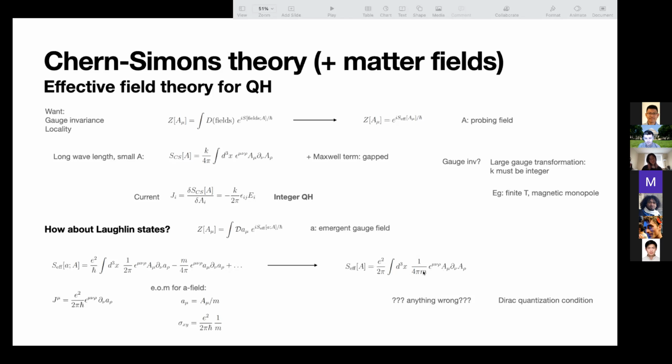That's why we get this 1 over m coefficient. So if we don't impose any Dirac quantization condition, the coefficient is actually meaningless. We have to specify what we call charge 1 to make those coefficients meaningful. That's a caveat of dealing with Chern-Simons theories.